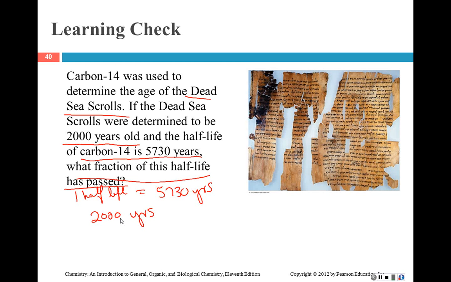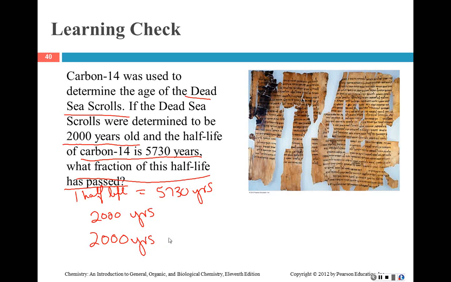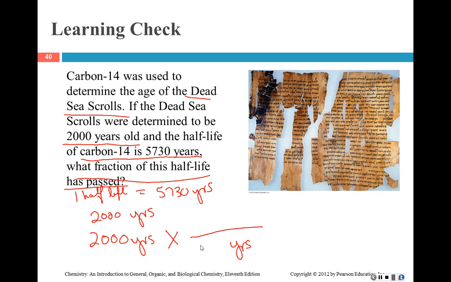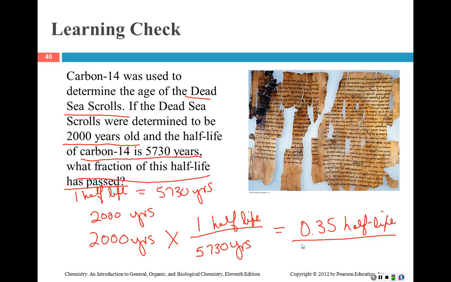And so to do that, you say, well, I've got 2,000 years, and I know that there's 5730 years in 1 half-life. And so the fraction of that would be 0.35 half-lives. Okay, which is 35%. So 35% of that has decayed.